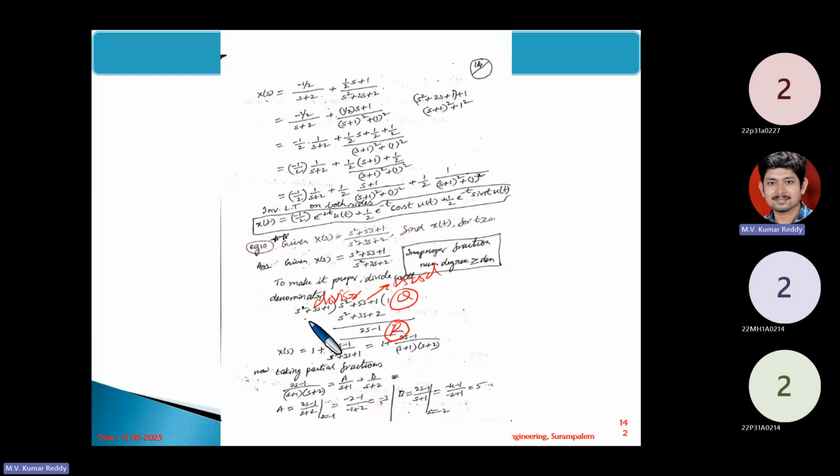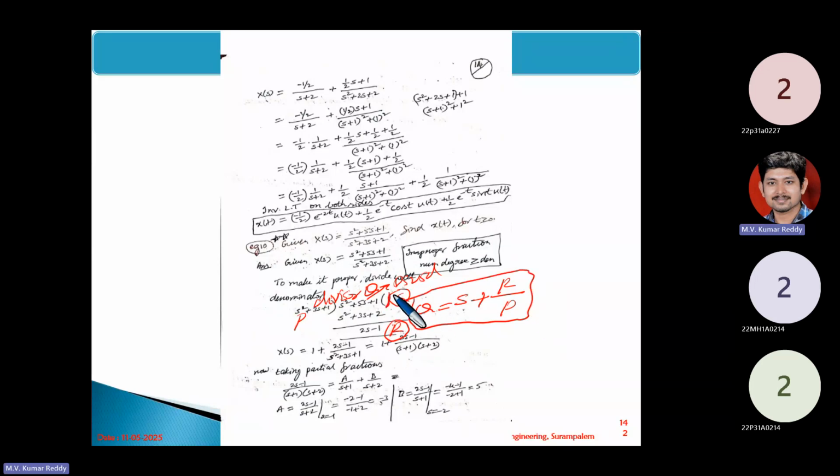Let it be P, Q, R, S. So the formula is: dividend by divisor equals quotient plus remainder by divisor.